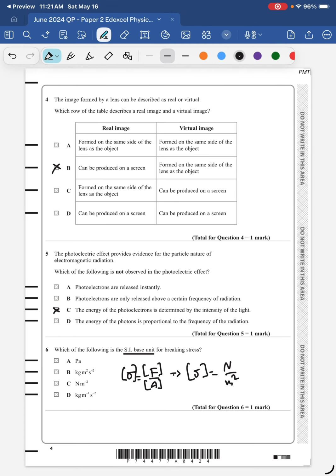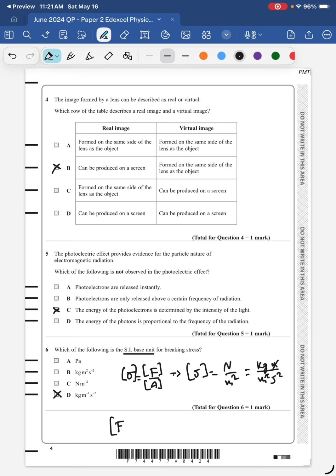Be careful. So what is a newton? A newton is given by kilograms meters over second squared, and then over meter squared. So meters cancel, and we are left with option D because those are the base units. How did I know that newtons are kilograms times meters per second squared?